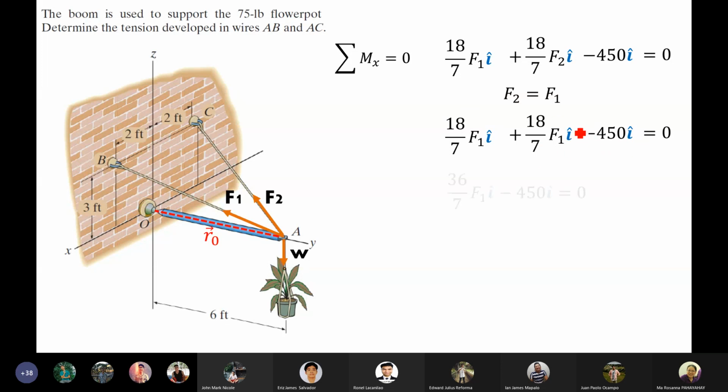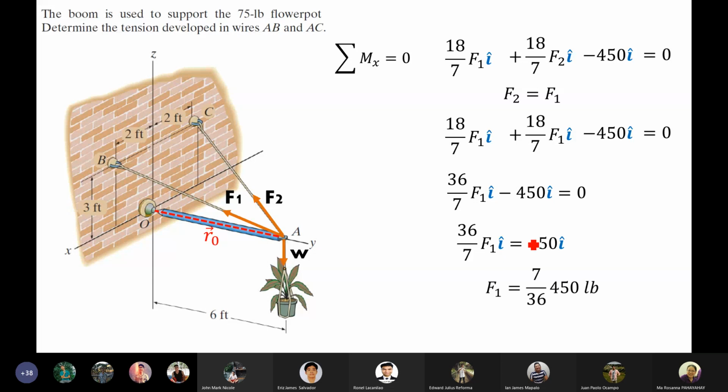Then simplify, add this one, so that is 36 over 7 F1 I hat minus 450 pound I hat is equal to 0. So we will transpose it to the other side, so it will be this one. Okay, nakikita nyo na yung flow. So it means we can now solve for our F1 by this.